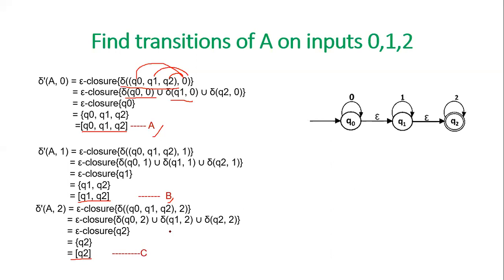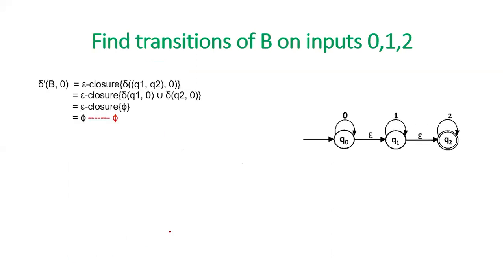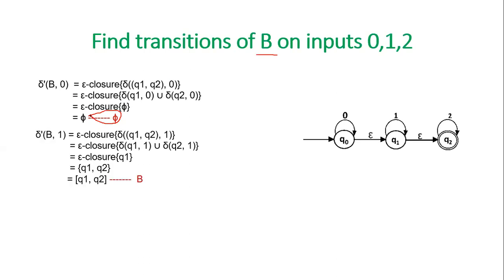Okay, we'll see the next answer, that is transition of state B on the input 0, 1, 2. B comma 0 is nothing but null. This is not compulsory, no need to mention anything. We can just leave it as null. Next one, B comma 1 is nothing but Q1, Q2, right?